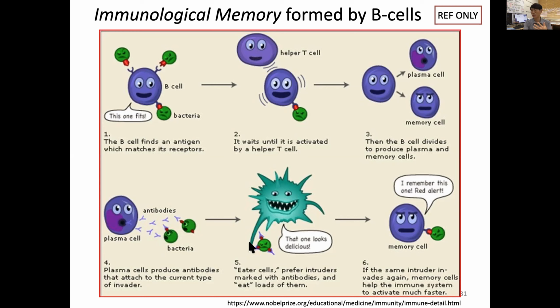Because of these antibodies, phagocytes prefer these marked pathogens and eat them. At the same time, memory cells will remember this. And when the same intruder comes in the future, this memory cell will help the immune system activate and respond fast.